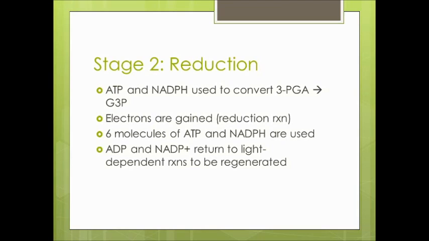In the light-independent reactions, we're using this ATP to make sugars. ADP and NADP+ return to the light-dependent reactions to be regenerated as ATP and NADPH as usable energy, so that it can come back into the Calvin cycle and this cycle can continue.